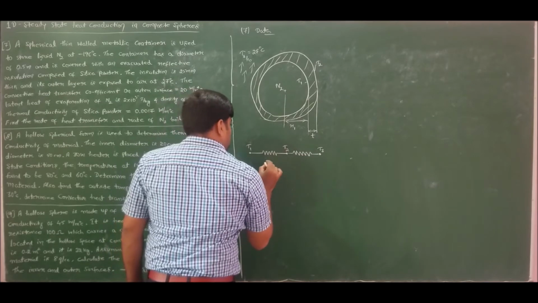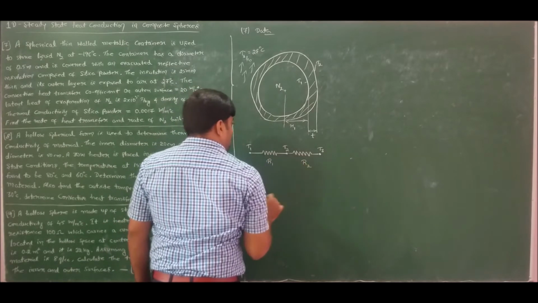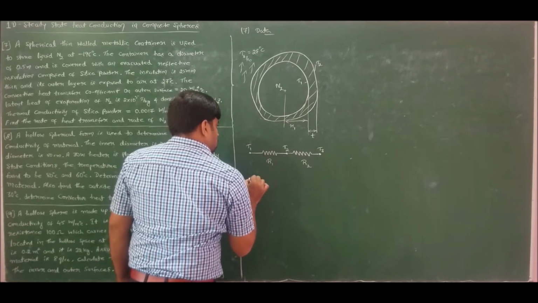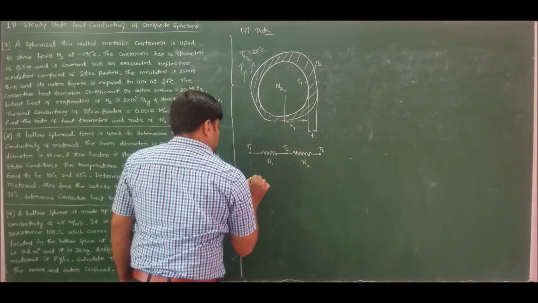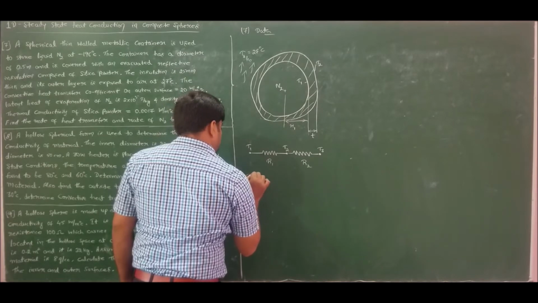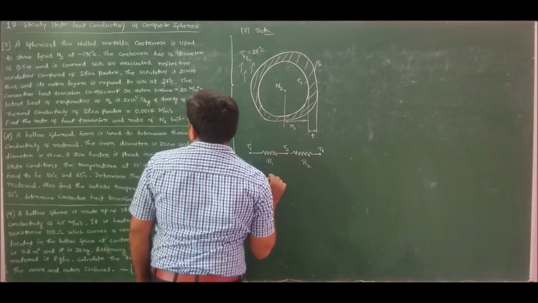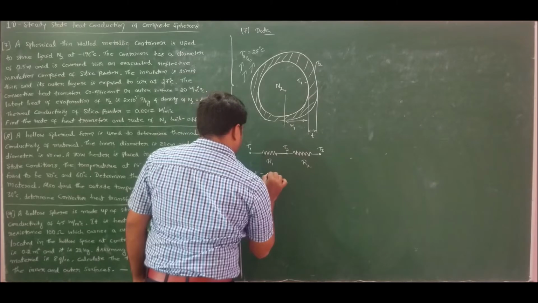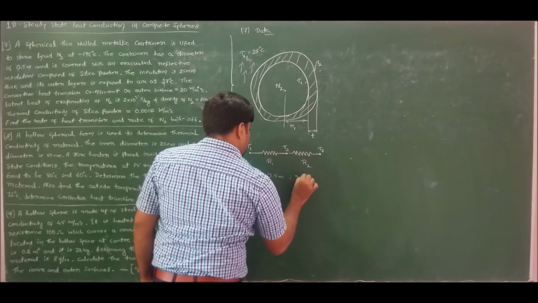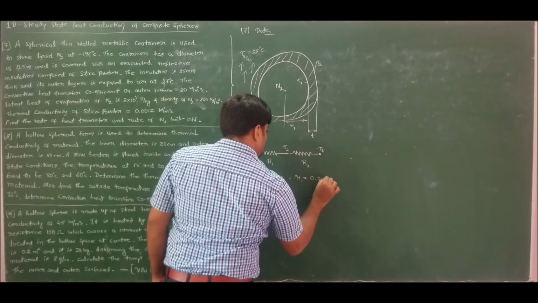Now we have the resistances as R1 and R2. Coming to the data given, we have the diameter D1 which is specified as 0.5 meters. Hence the radius R1 will be 0.25 meters.